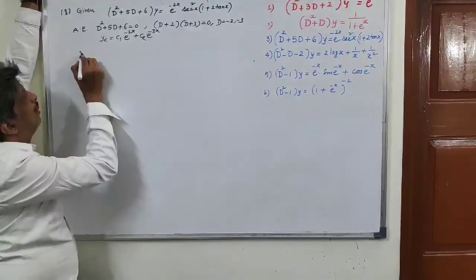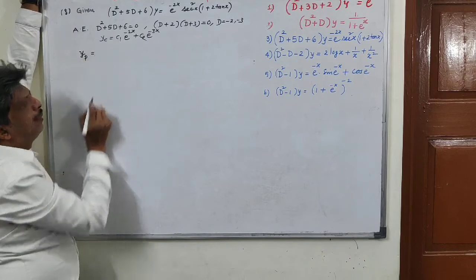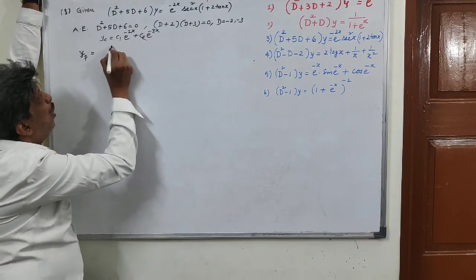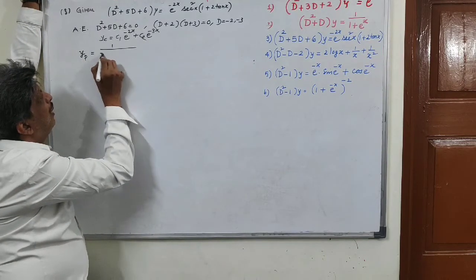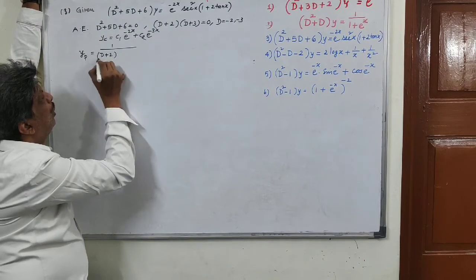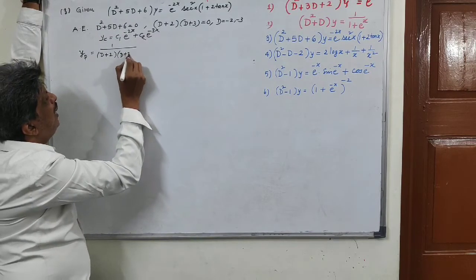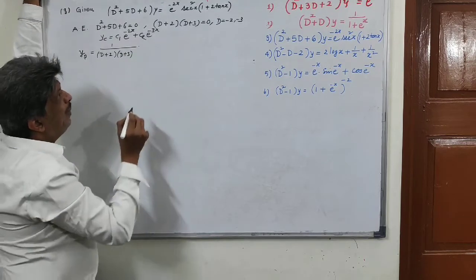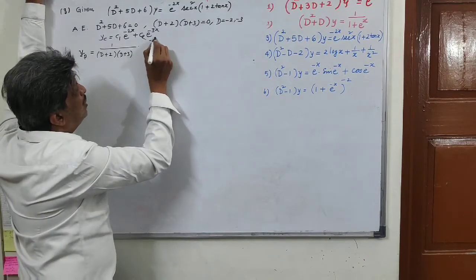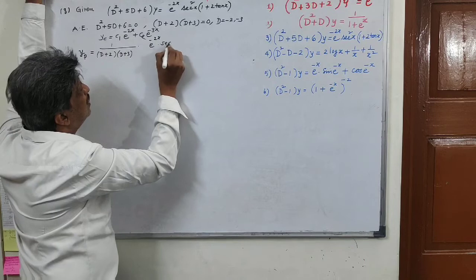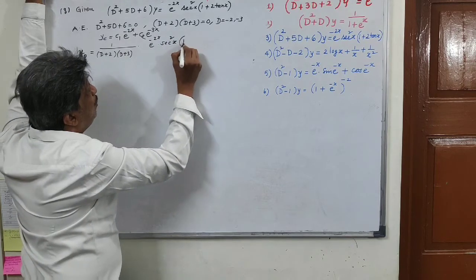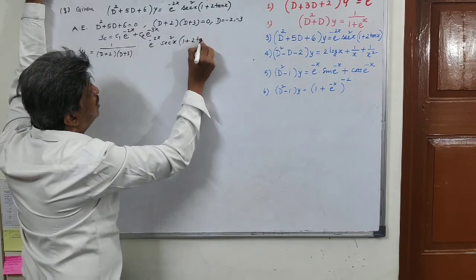Now particular integral, that is equal to 1 upon d plus 2 into d plus 3 into e raised to power minus 2x into sec square x into 1 plus 2 tan x.